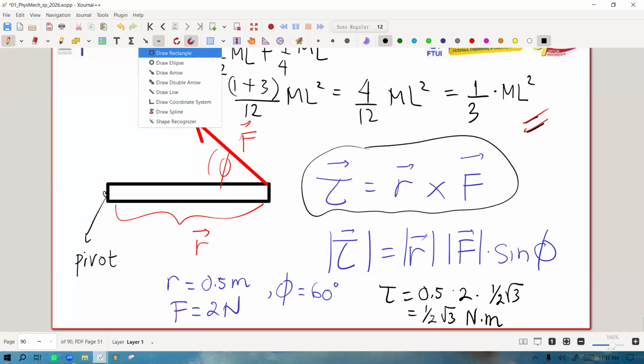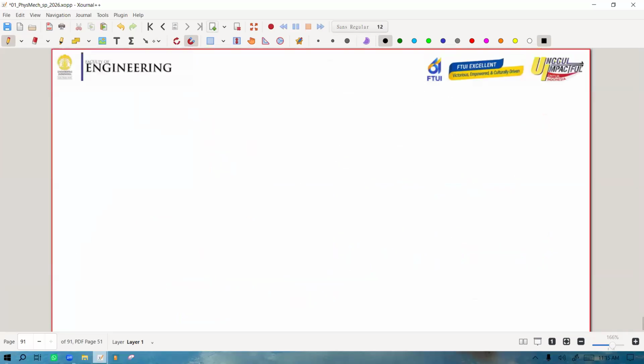It means that if we draw this one as R, and this one as the force, here is the torque.